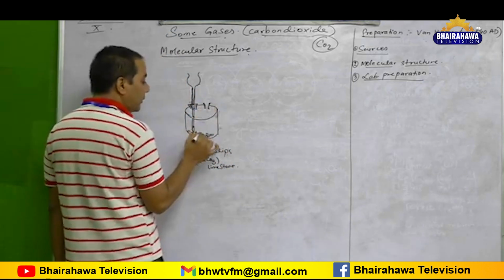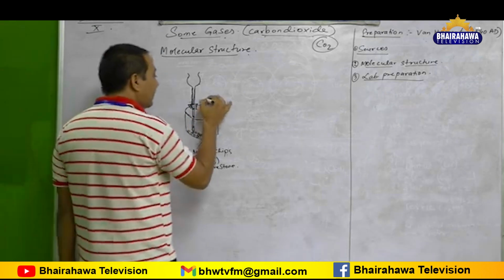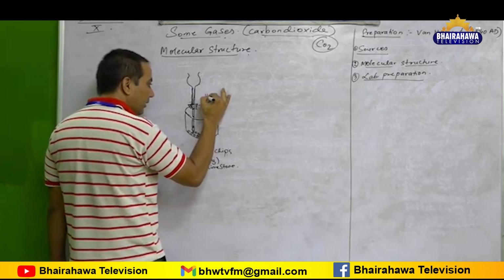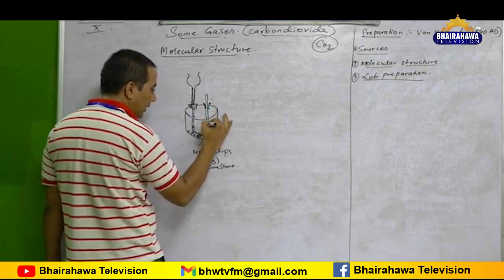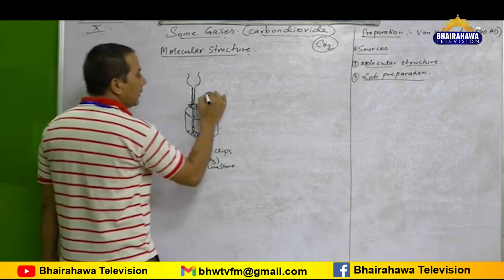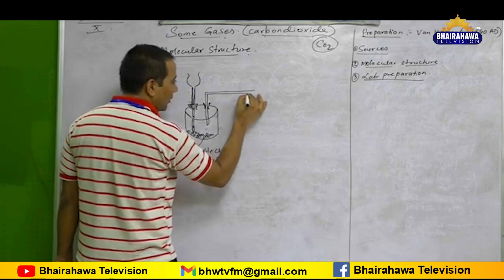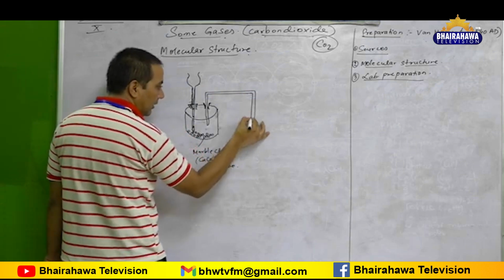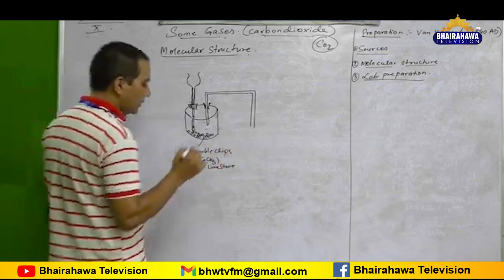Then, after putting the marble chips inside the wolf bottle, what happens? We again put one pipe over here, which is known as the delivery tube. Okay, we put another pipe here, called the delivery tube. It is bent like this.